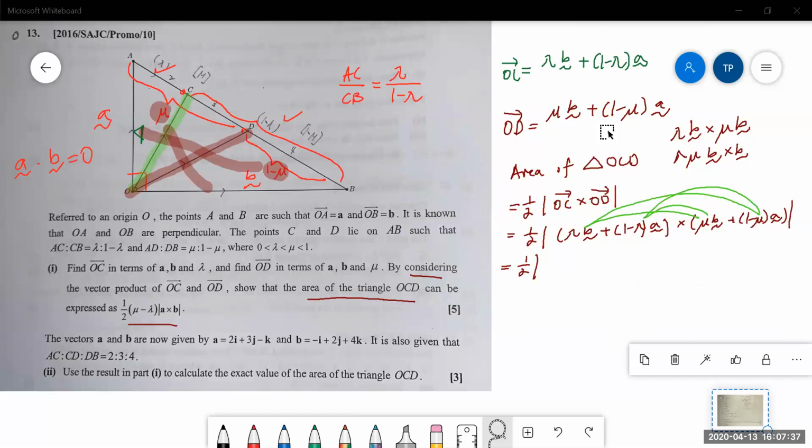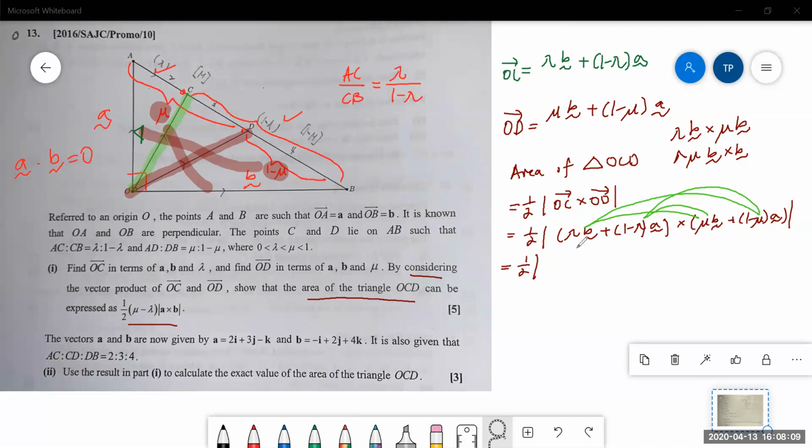Okay. So right over here, can you see my mouse? From lambda B cross mu B, there is no need to even write it down because we know it becomes 0. Likewise for 1 minus lambda A cross 1 minus mu A, there's no need to write it down. Because A cross A we give it 0 already.